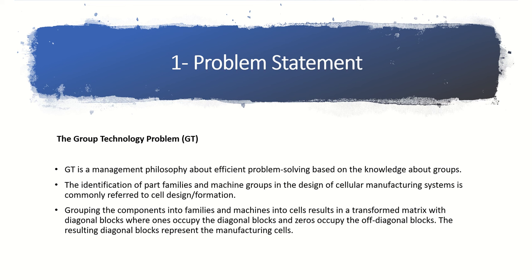Grouping the components into families and machines into cells results in a transformed matrix with diagonal blocks where ones occupy the diagonal blocks and zeros occupy the off-diagonal blocks. The resulting diagonal blocks represent the manufacturing cells.